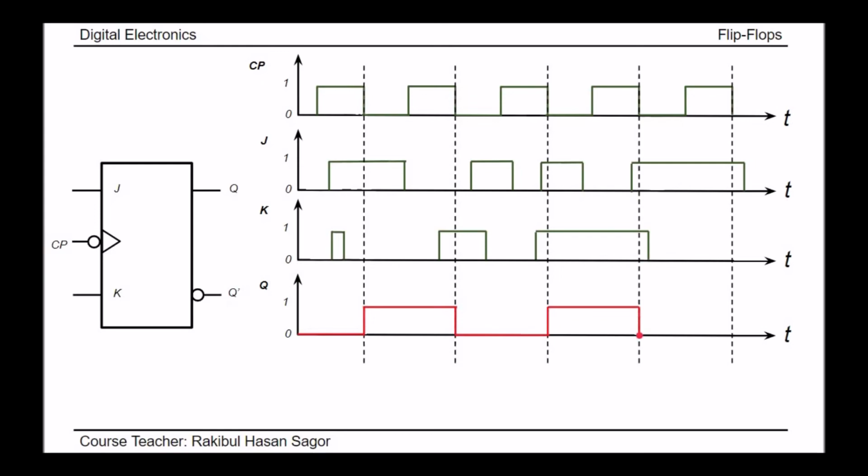And it will continue from here up to next negative edge triggering line. Here we can see when negative edge triggering occurs, we have J equal to 1 and K equal to 0. J equal to 1 means set. So again, it will go to the set position. In this way, I hope you will be able to draw the output timeline diagram for any sets of inputs.